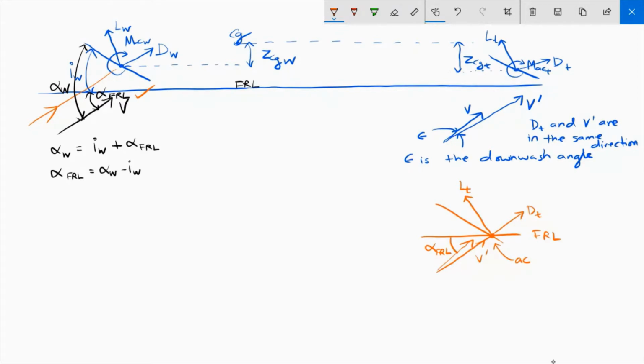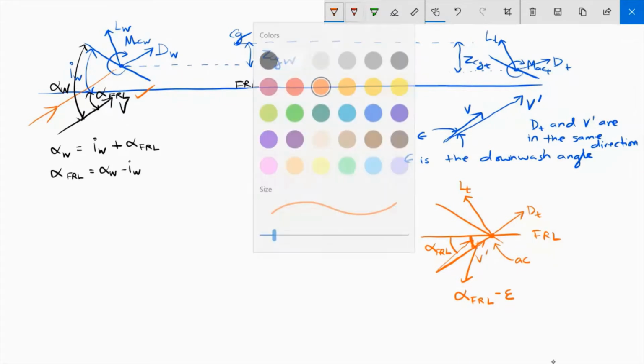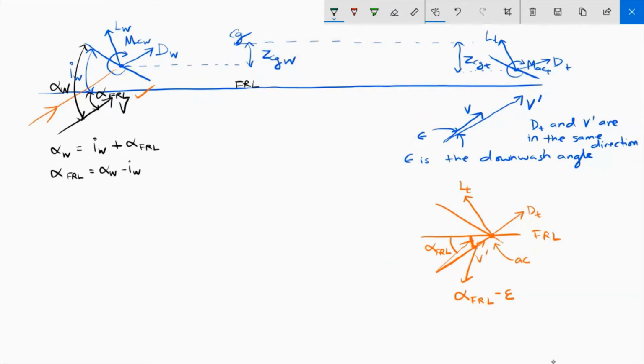So when you measure the angle between this V prime and the fuselage reference line, this angle will be equal to alpha fuselage reference line minus downwash. Okay, because it is rotated downward, so minus the downwash. Now we know that the opposite angles will be equal to one another, so this angle will be equal to this angle.